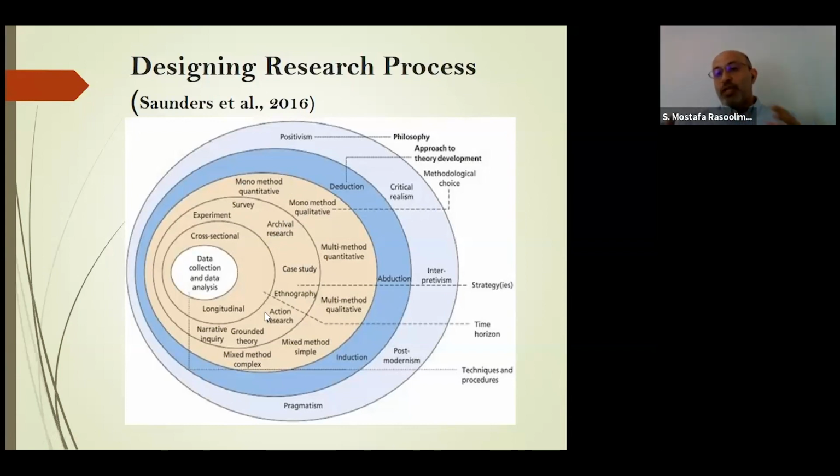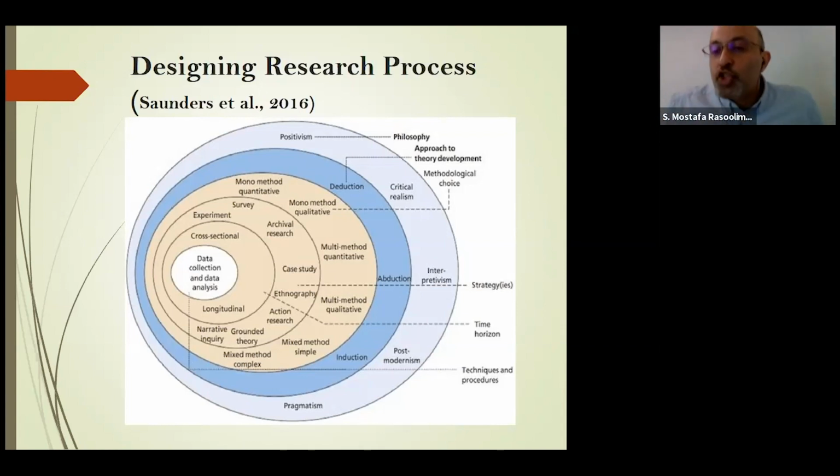But actually, based on this Sanders onion or research onion, we can understand the different layers or steps of research that we need to fulfill, and we need to answer the associated questions in each layer, and then we can go to the next layer.